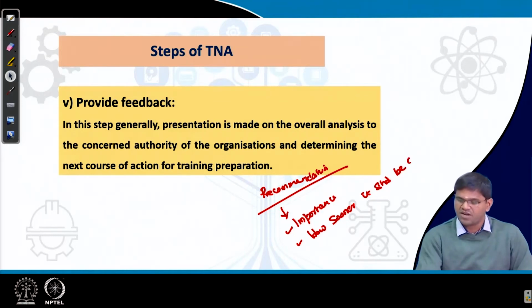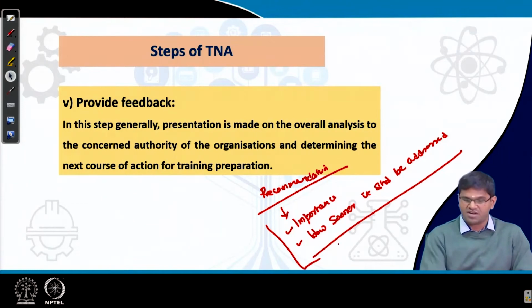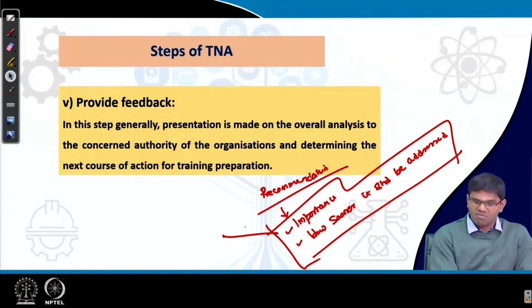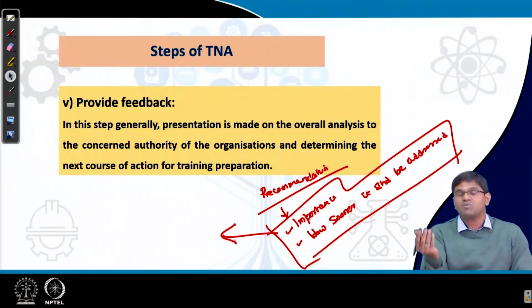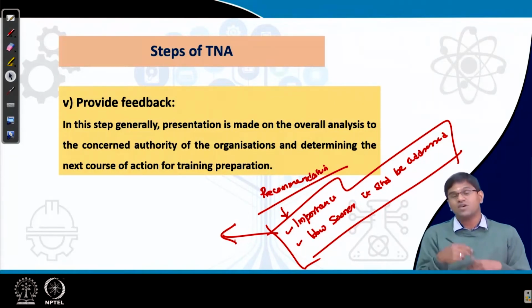So that they will decide what our activity should be, whether we should immediately set up a task force to design a training program, or can we see if there is a possible improvement by providing inputs or setting up the existing system, or maybe doing a job rotation, moving people who already have a different skill set. So this is also important before you decide to invest in a training program.